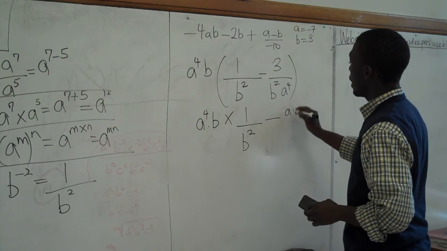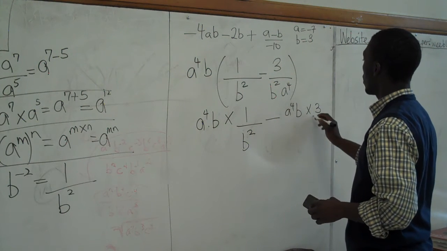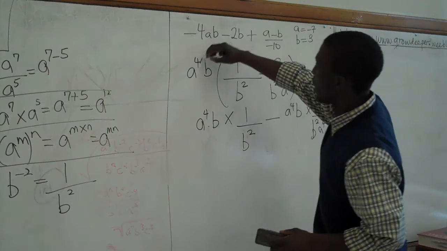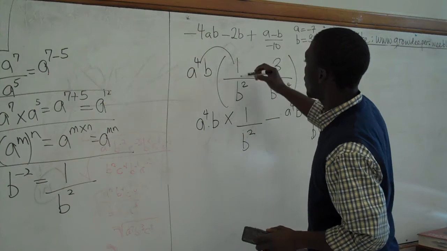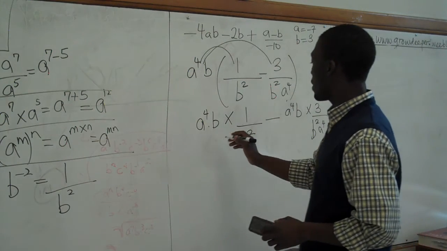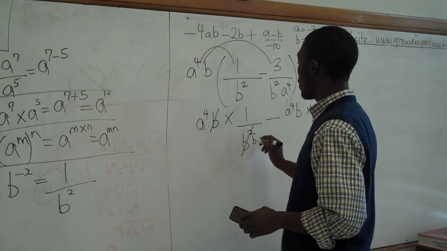I'm going to rewrite this. a to the 4th power b is multiplying 3 over b squared a to the 4th. So this went in here, we get our answer, and now this is multiplying that. And so what we have is the b squared, we have this b going in here, all we have left is b.